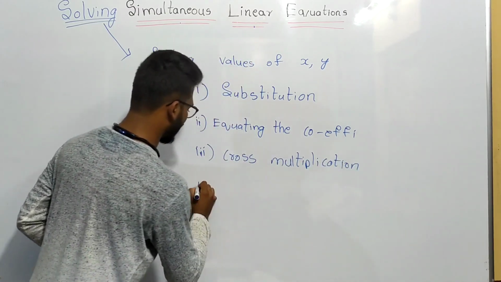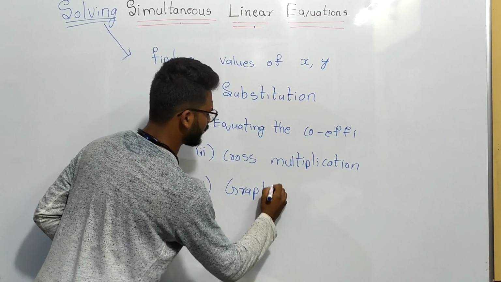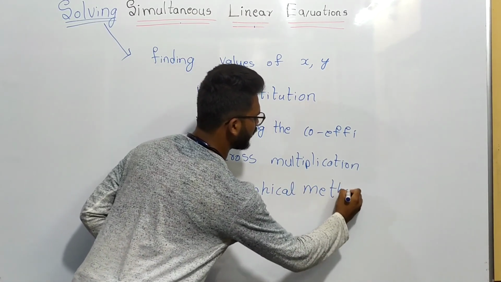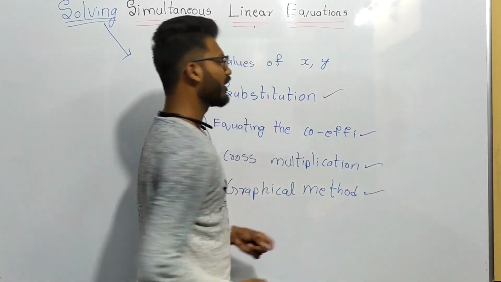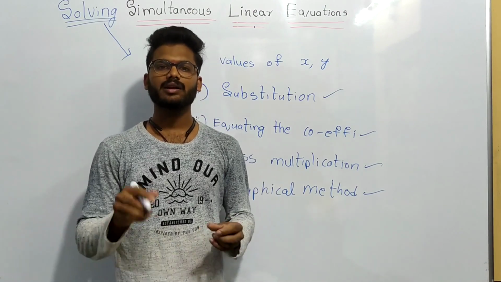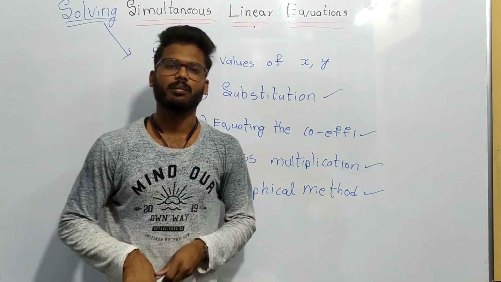And last, we have the graphical method. We can solve two equations in any of these four methods, and based on the equation, we can choose which method is suitable.